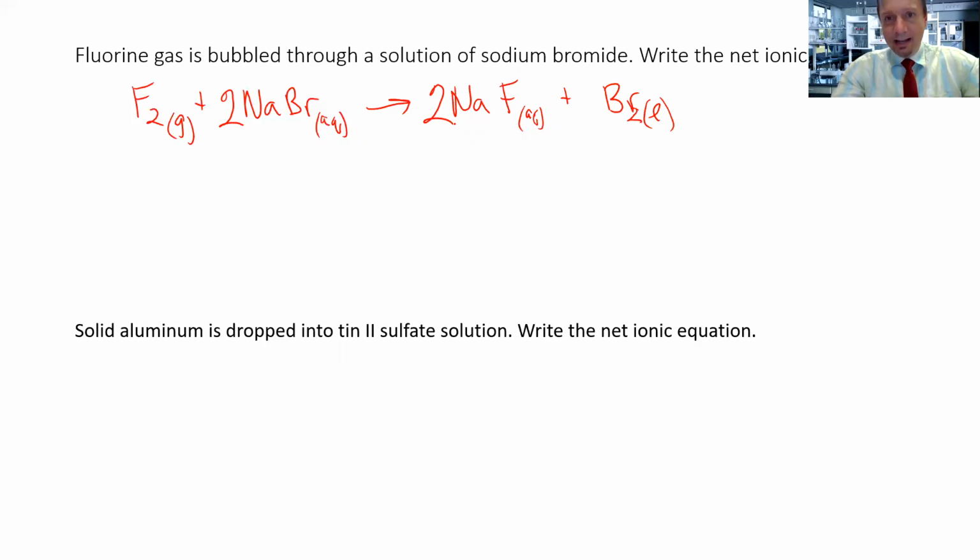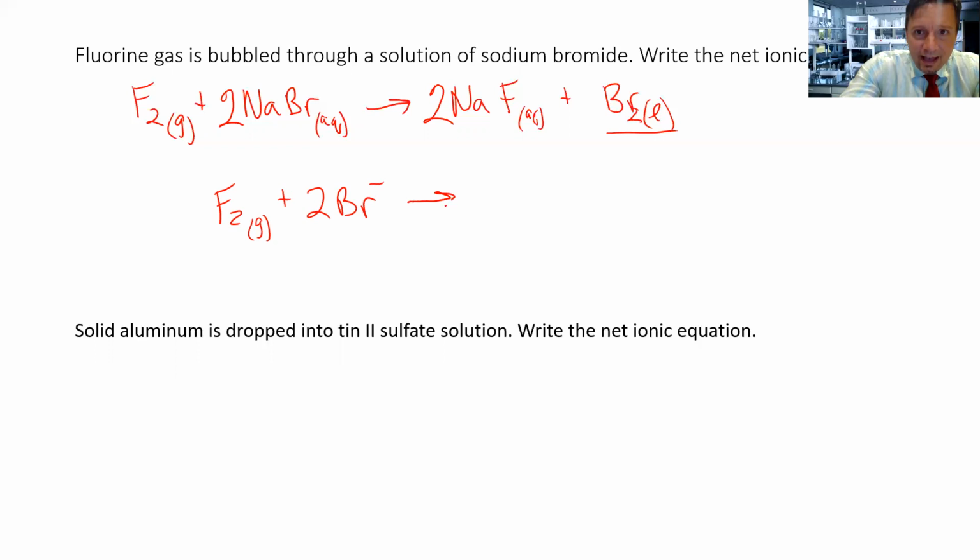So now I want to write my net ionic equation. I am only interested in what is needed to produce the bromine. So in order to produce that, I have to have my F2, and that is a gas, plus 2Br minus, and that is going to produce 2 fluorine minus.